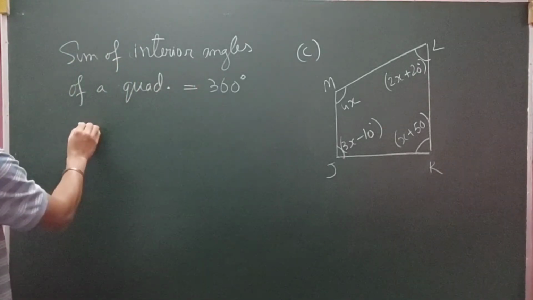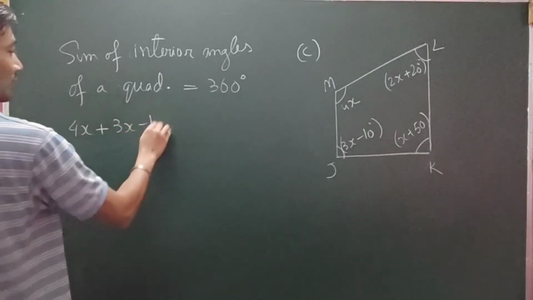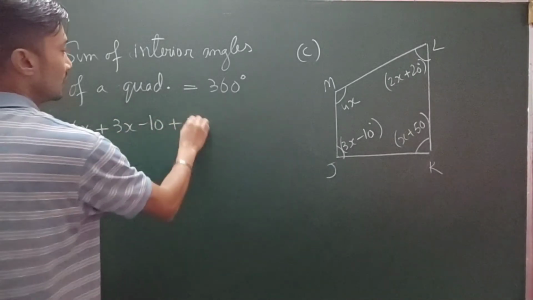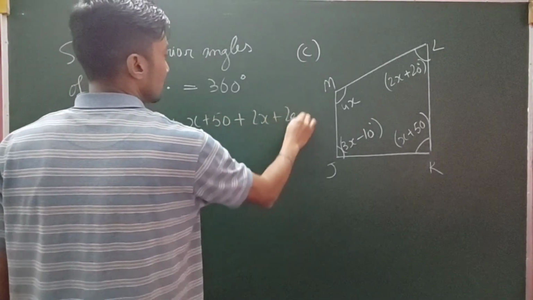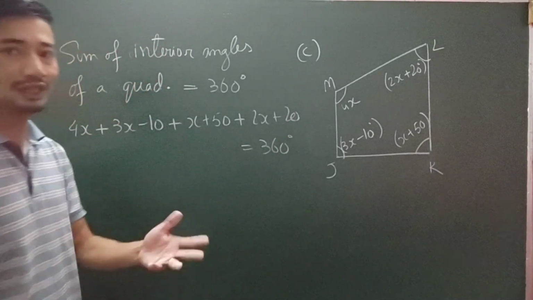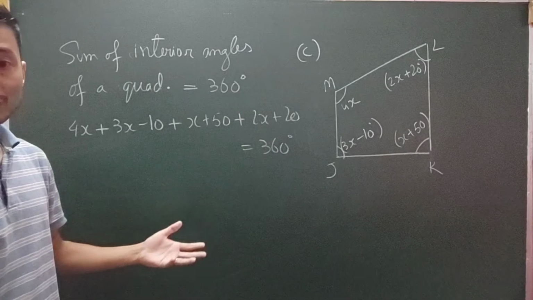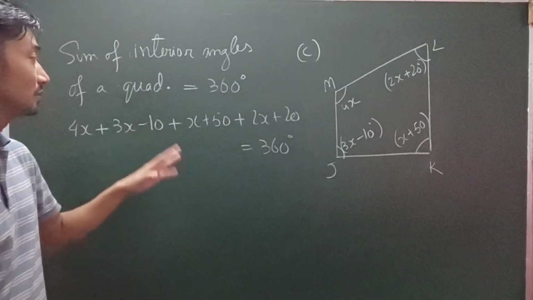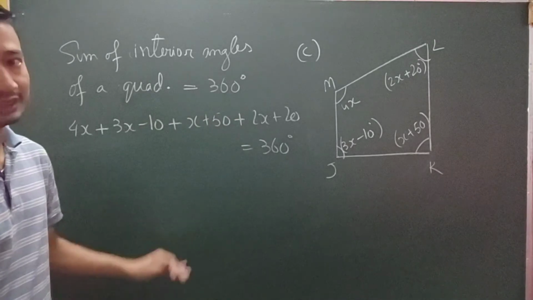So if we just add 4x plus 3x minus 10 plus x plus 50 plus 2x plus 20, their total should be 360 degree. I'm not writing the brackets, because we're just adding to find the total only. If you have to subtract, then yes, brackets are important, but when you're just adding, it will not change any signs.